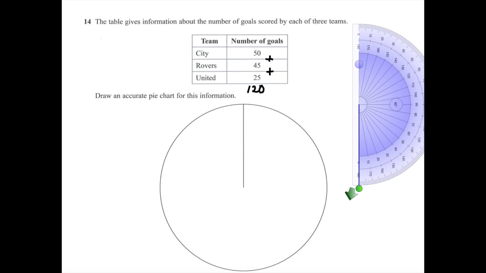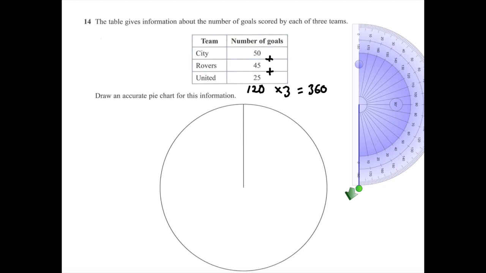The angle in a full circle is equal to 360 degrees. So we need to ask ourselves, what do I need to multiply 120 by to equal 360 degrees? The answer is 3. So if I multiply 120 by 3, it equals 360.